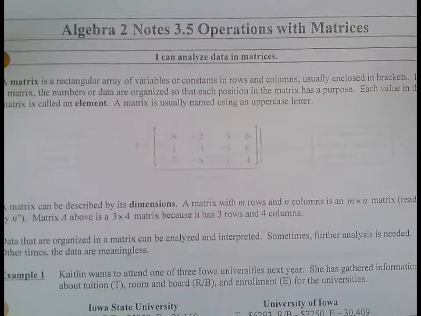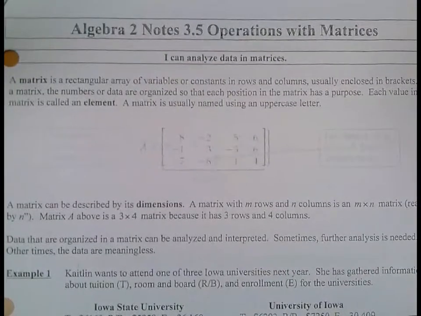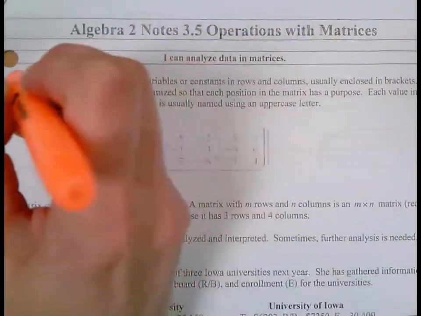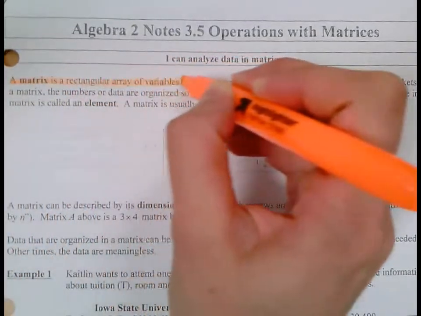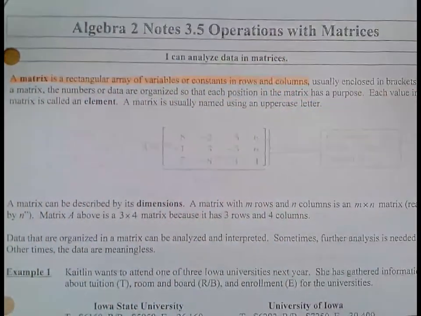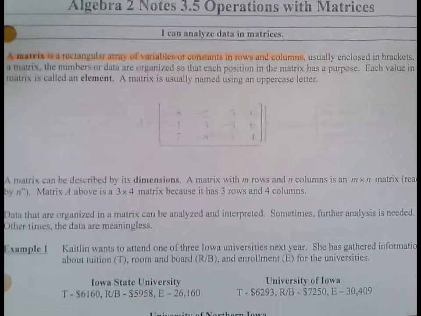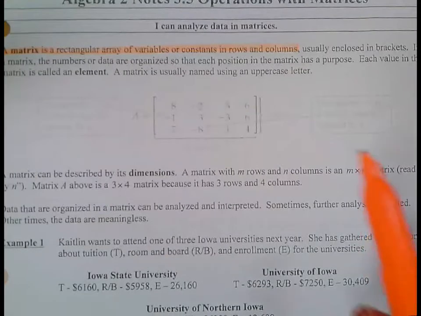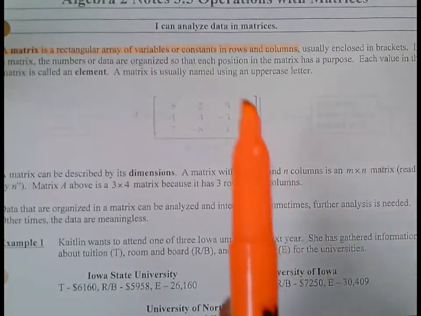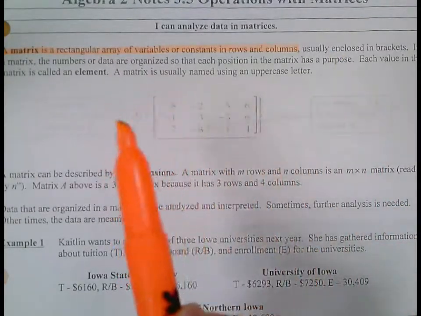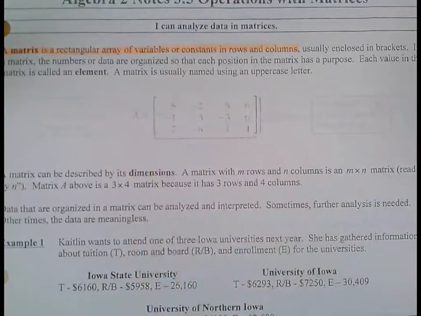So what I have included at the top, because I know matrices are new to most of you, is what a matrix is. It is a rectangular array of variables or constants in rows and columns. It's a way to organize data. These are usually enclosed in brackets, so you can see this is an example of what a matrix looks like.